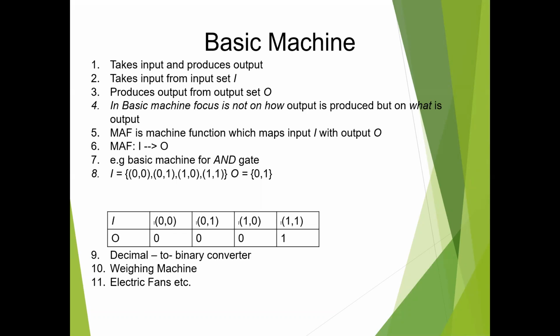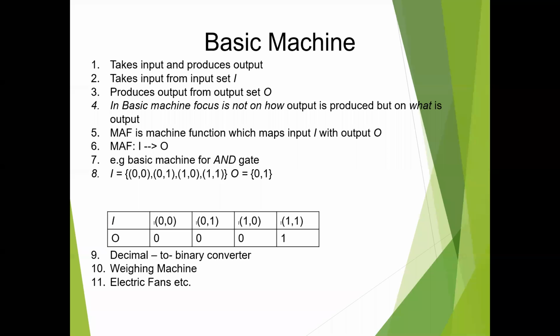So input, it is coming from a particular input set, we can call it as I, and it produces some output, and that is also fixed. For one particular input it will give the specific output, for another input it will give some other output. So the output is also fixed, and you can call it as output set, capital O.